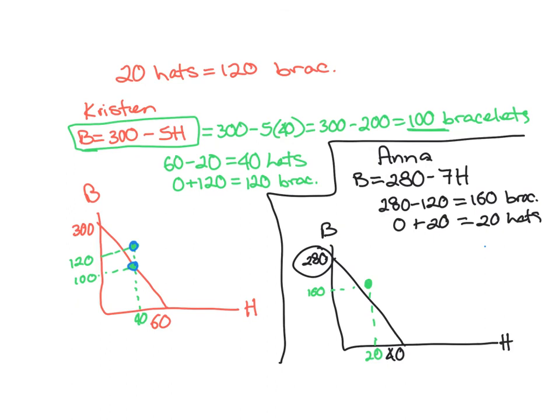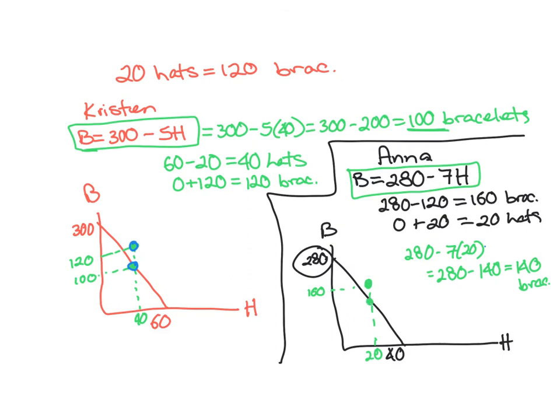Now to see that mathematically, again, we employ the equation for her production possibility frontier. So in autarky, that is if she wasn't specializing and then trading with Kristen, if she were making the 20 hats that she ended up with here, then the most bracelets she could make would be 140 bracelets, right?